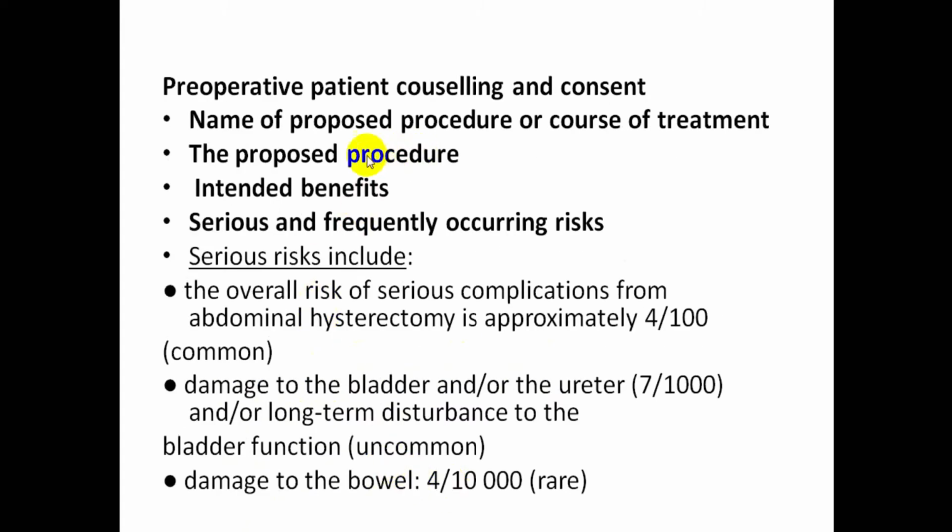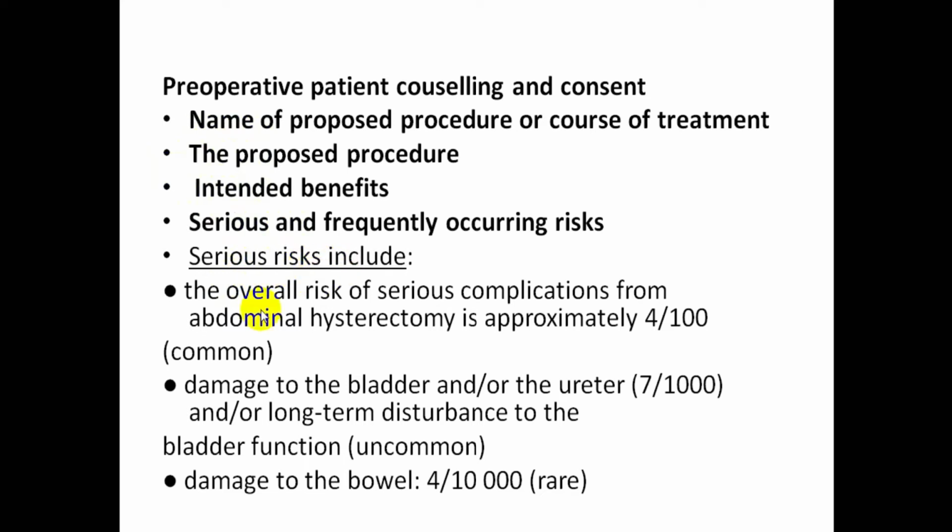Pre-operative patient counseling should prepare the patient for hysterectomy, including the name of the proposed procedure, of course, and of treatment. The purpose of the procedure, intended benefits, serious and frequently occurring risks.